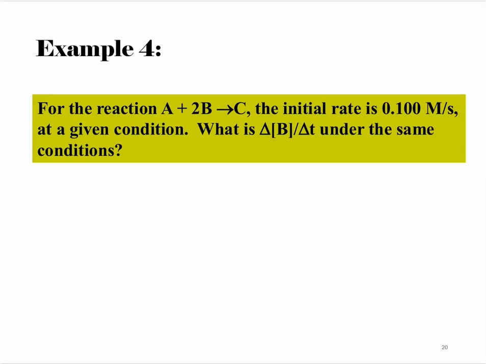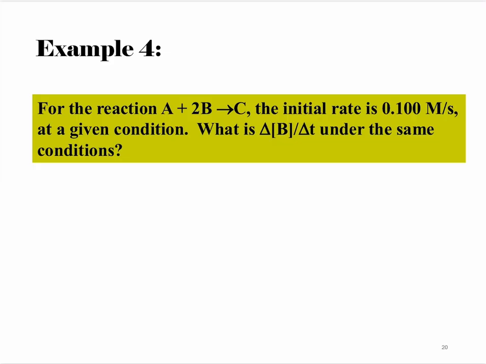All right, so you're given an arbitrary reaction here. Like I said, you'll be seeing a lot of A's, B's, and C's and D's until we get past acids and bases. They're saying the initial rate is 0.1 molar per second at a given condition. That just means at a specific temperature and pressure. It's asking what is the change in concentration of the reactant B over the change in time under these same conditions.